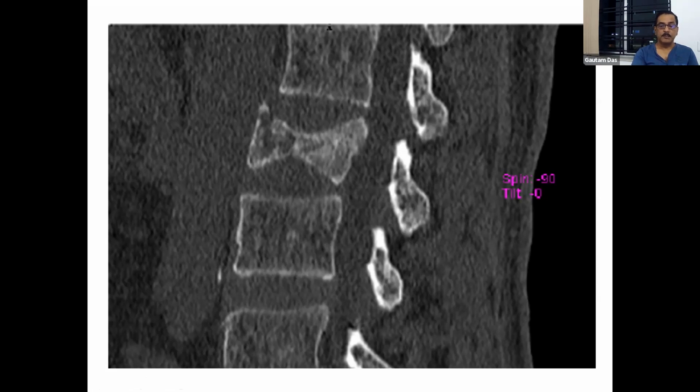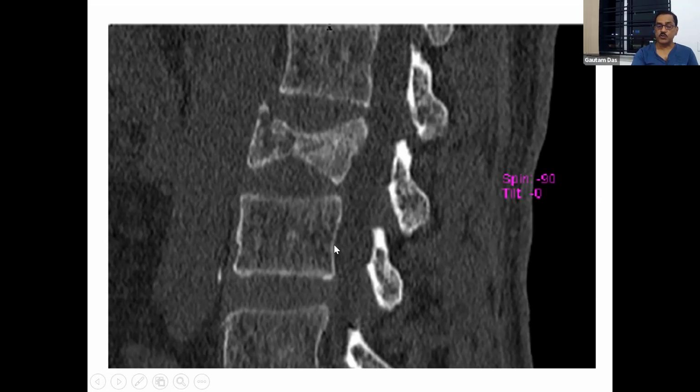Then your middle column. Middle column is posterior 1/3 of the vertebral body, posterior 1/3 of the disc, and posterior longitudinal ligament, which is running like this. And what is the posterior column?